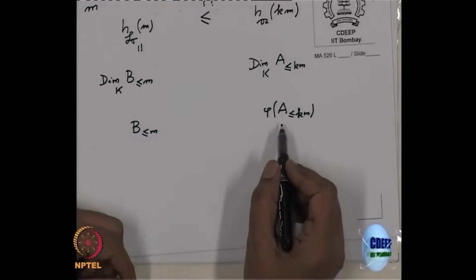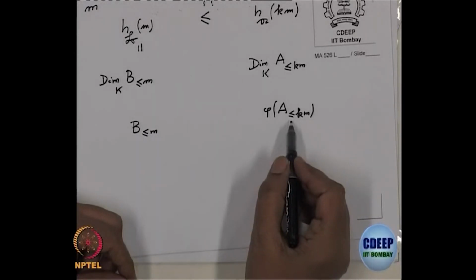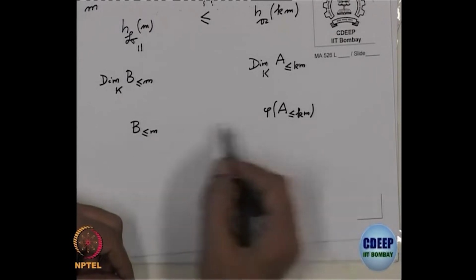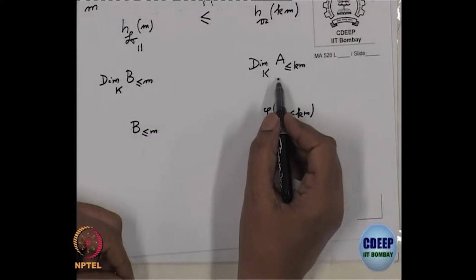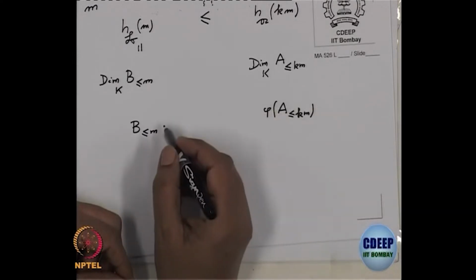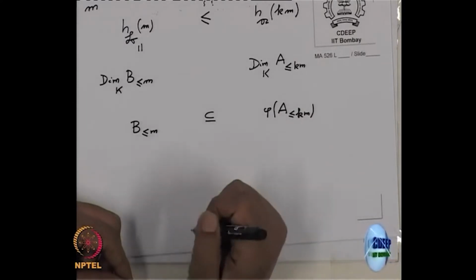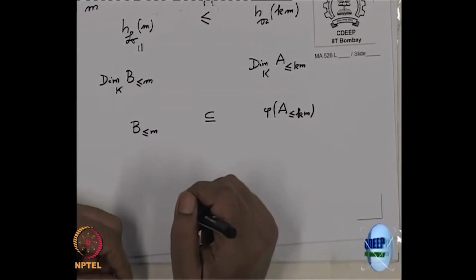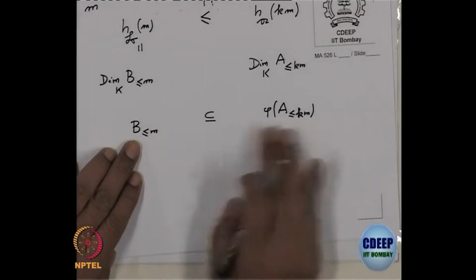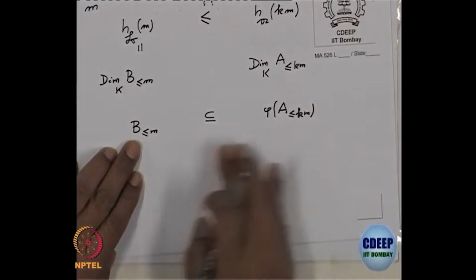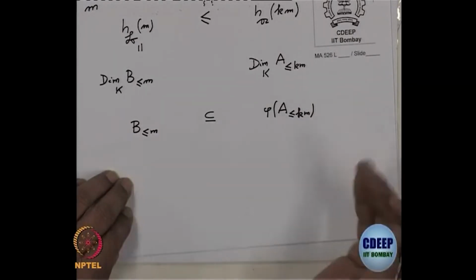So, if I prove that this is a subspace of this, then this dimension will be less or equal to this dimension, but because phi is an isomorphism, this dimension will be equal to this dimension. So, I only have to prove that this is contained here, right. This is the image of this, it is contained in B. So, that contains this subspace. So, if I prove that, then we are done.